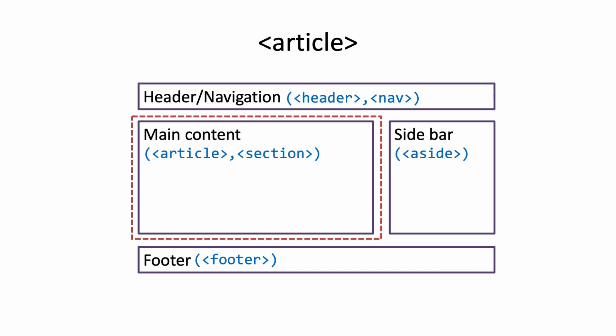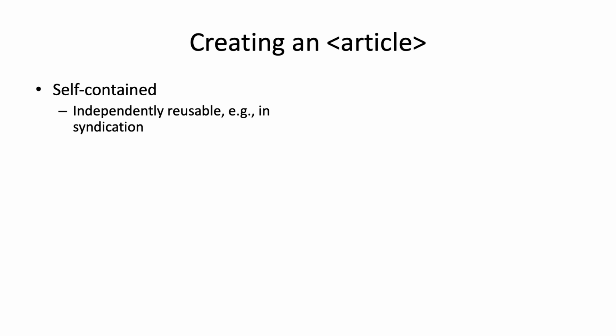Okay, and let's next move on to the main content part. There are two more new elements for the main content. First is the article, and it marks part of the page content which has a similar role to, say, an article in a printed magazine.